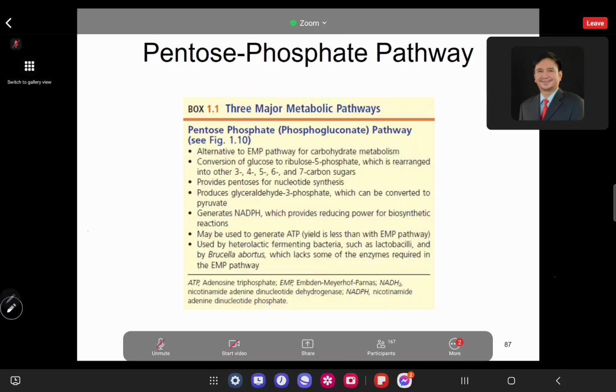So the sugars produced are vital for nucleotide production and other metabolic processes. Then energy and reducing power. While the ATP yield is lower compared to the EMP pathway, this pathway excels in producing NADPH, or nicotinamide adenine dinucleotide phosphate. It's a key reducing agent for anabolic reactions, including fatty acid and nucleotide synthesis.